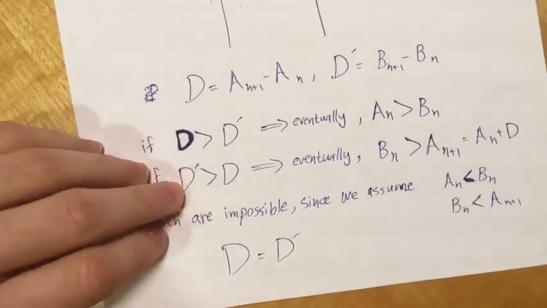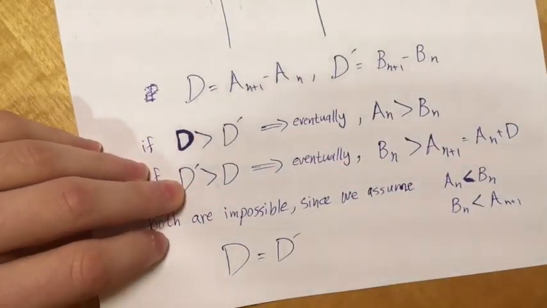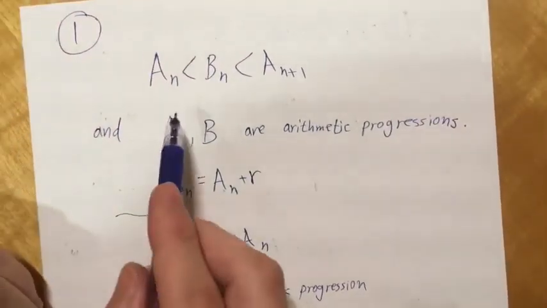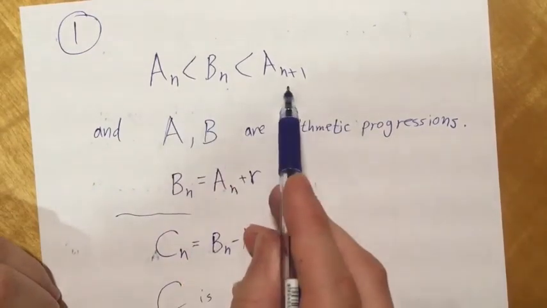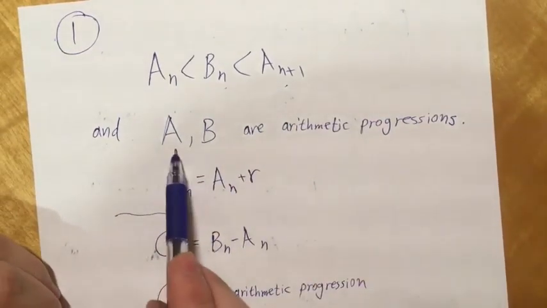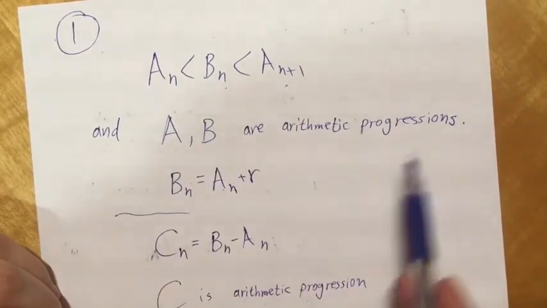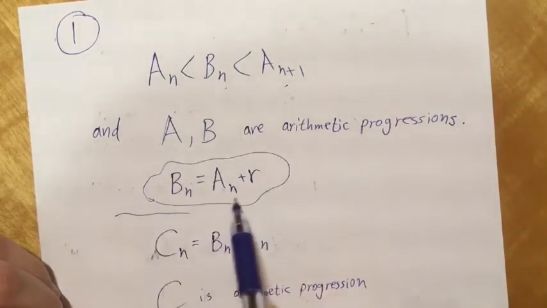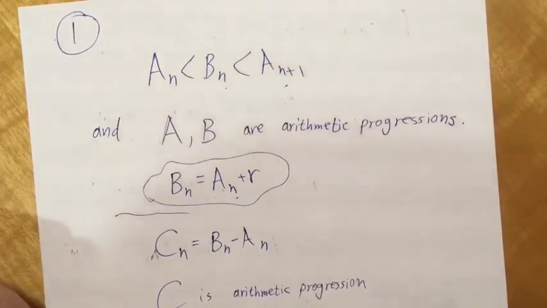Okay, another way to see this is the following. So we know An is less than Bn is less than An plus 1, and both A and B are arithmetic progressions. Our goal is to show that there's a constant r such that Bn equals An plus r.